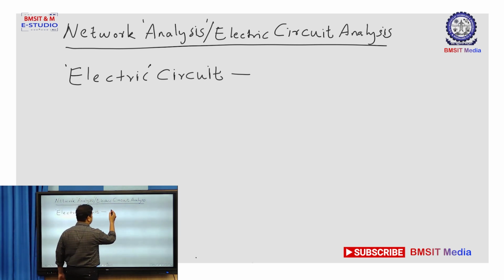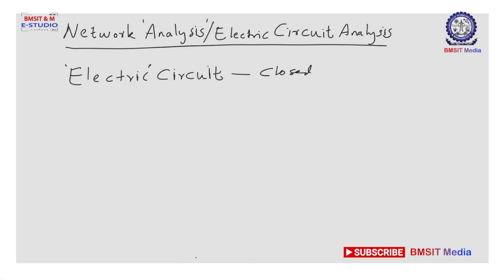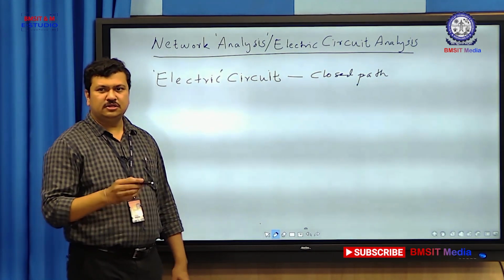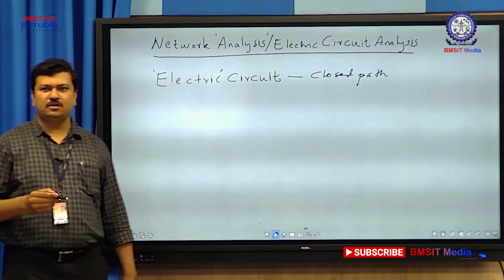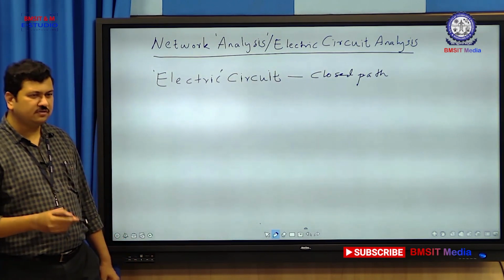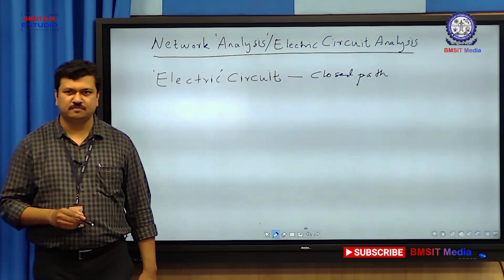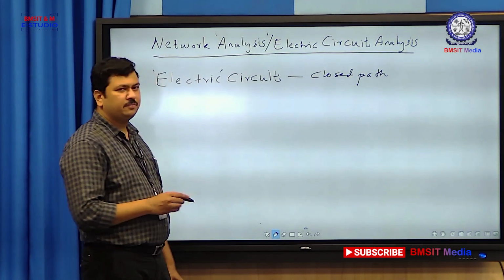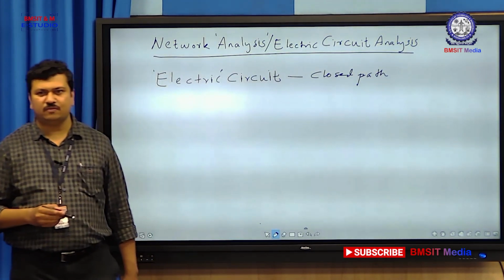So, for our understanding, a circuit is a closed path. What is this closed path doing? It makes the current circulate in it and do certain work. What work is done depends upon the application.